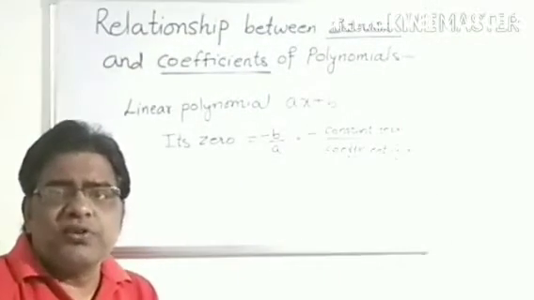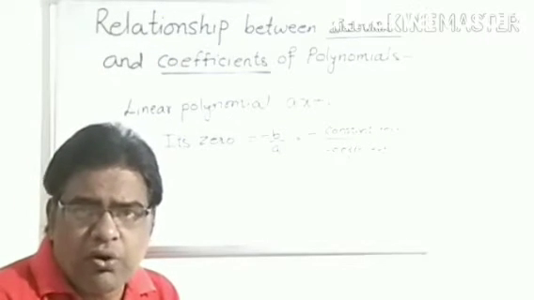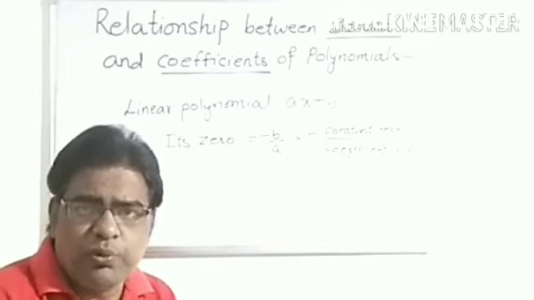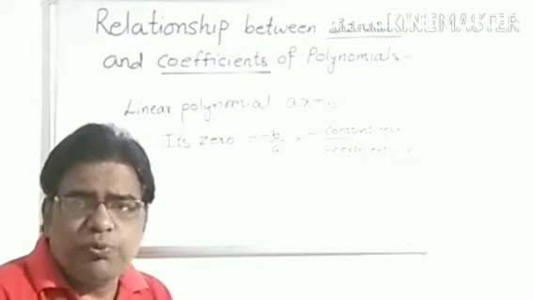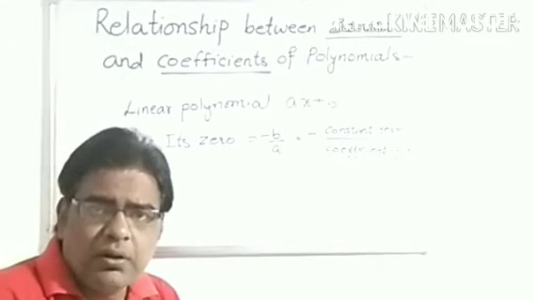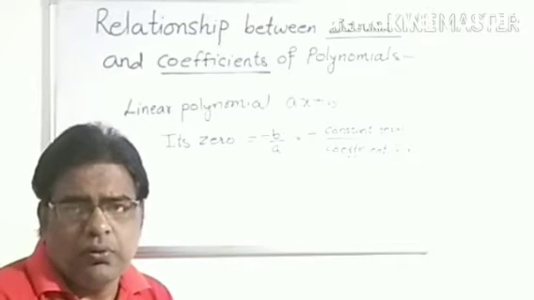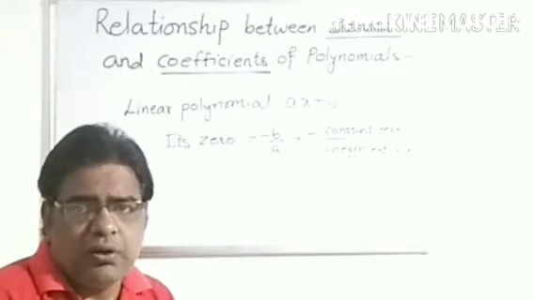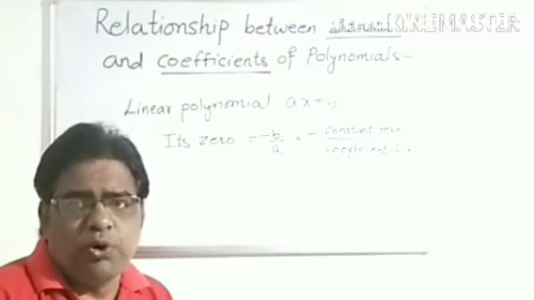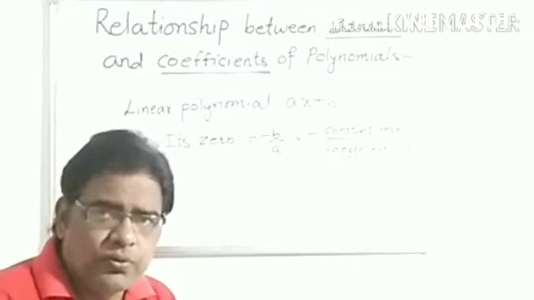So my dear students, you are well aware of zeros of a polynomial and the coefficient. Zeros of a polynomial means the value of the variable which, when substituted, makes the value of the polynomial equal to 0.